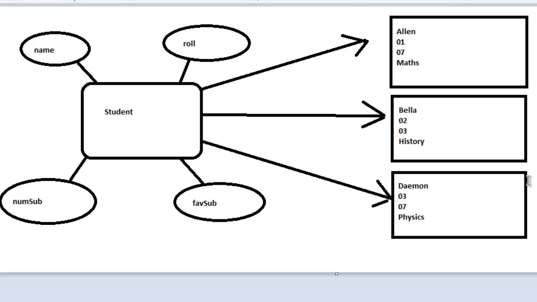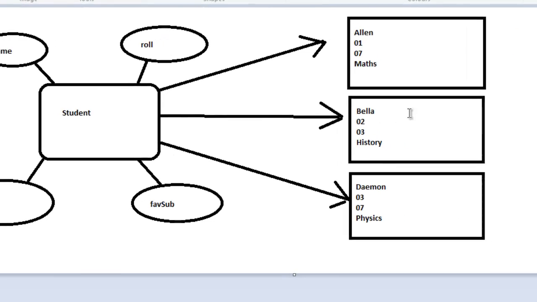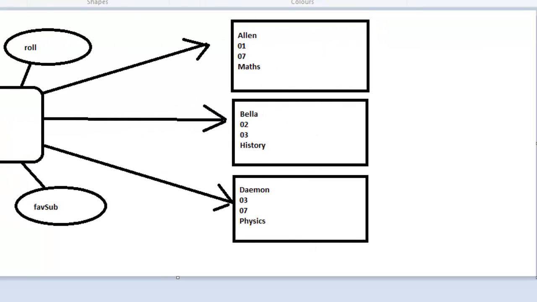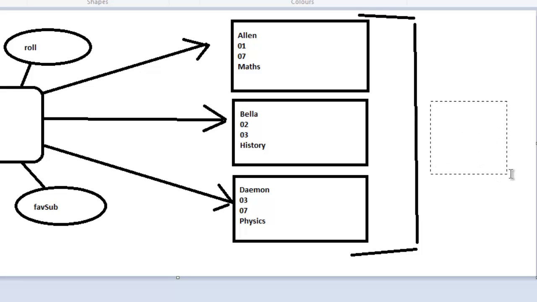So these 3 students are what is called the objects of the class. Alright, so these are the objects of the class student.